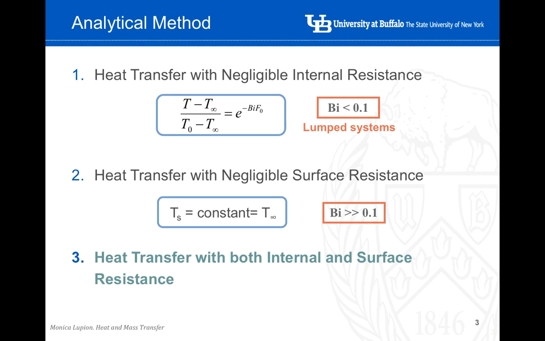Since the internal resistance is very small, when we defined the Biot modulus, we also found that this Biot modulus has to be very small as well. The criterion that we defined is that if the Biot modulus is lower than 0.1, we call it a lumped system, and this is the solution that we can directly apply.